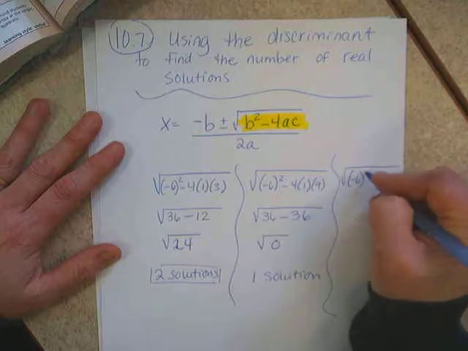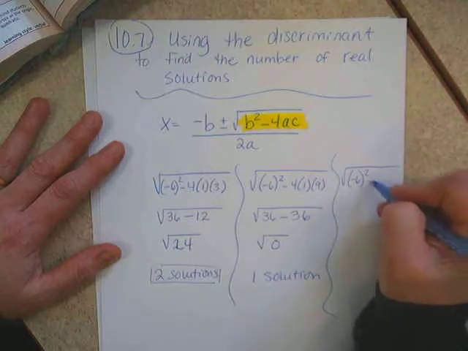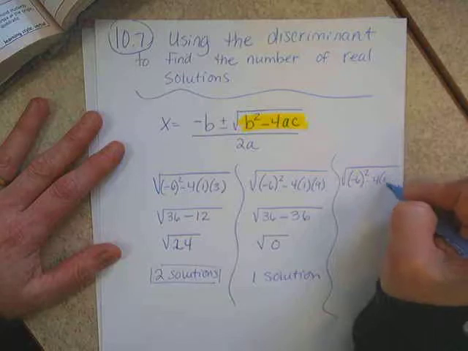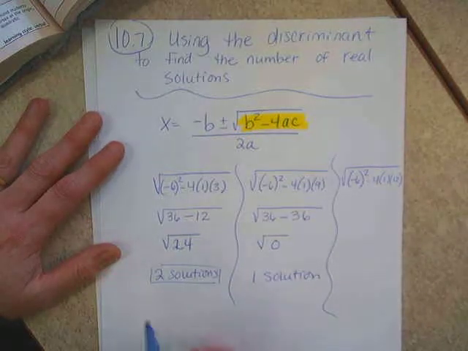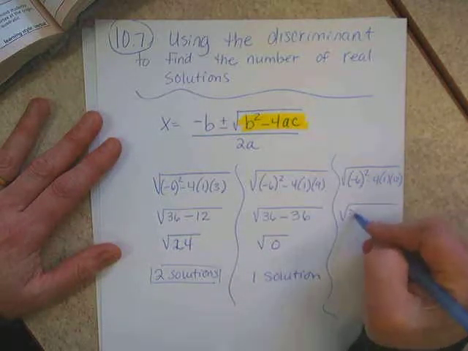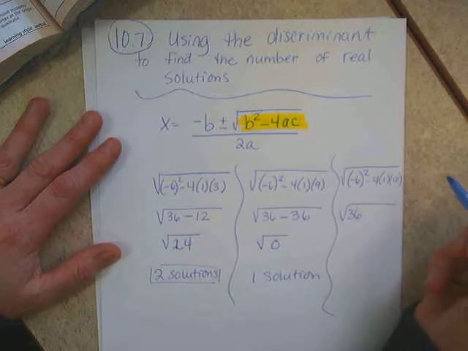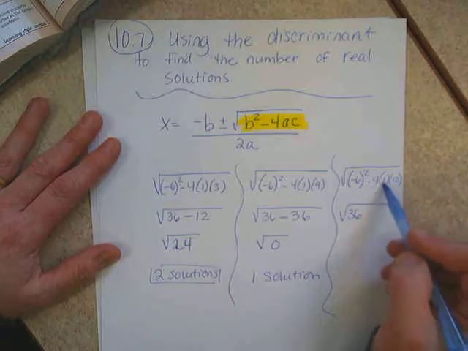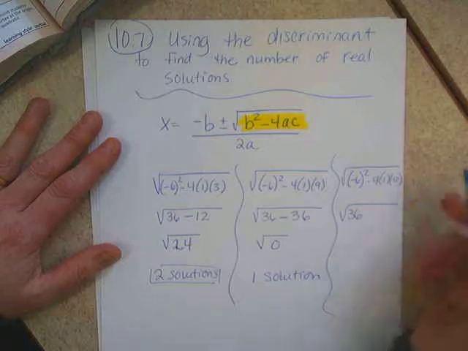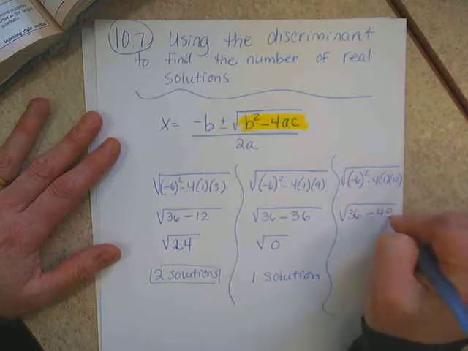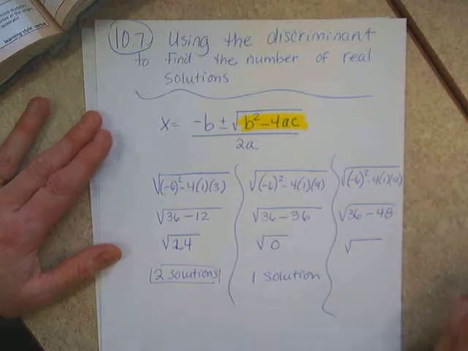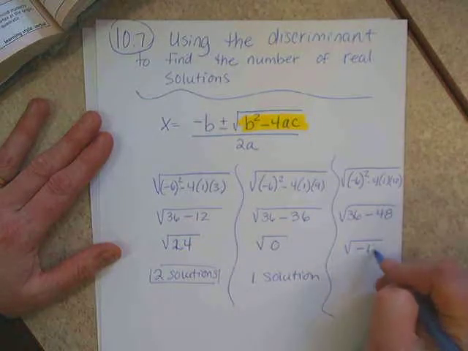The third possibility inside the square root is if we have negative 6 squared minus 4 times 1 times 12, we have 36. 4 times 1 is 4, times 12 is 48, so we're subtracting 48.